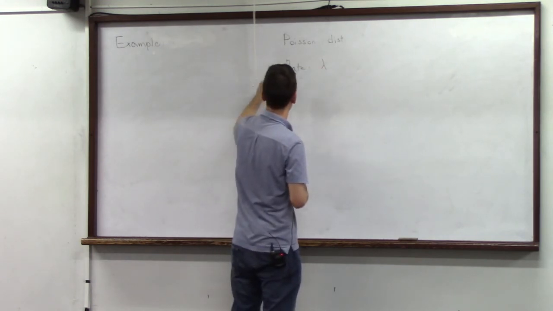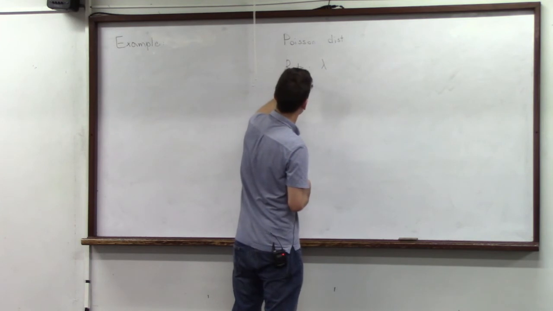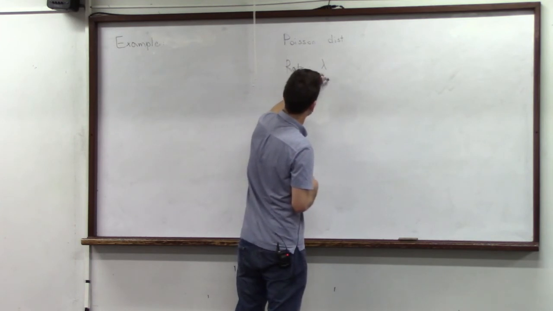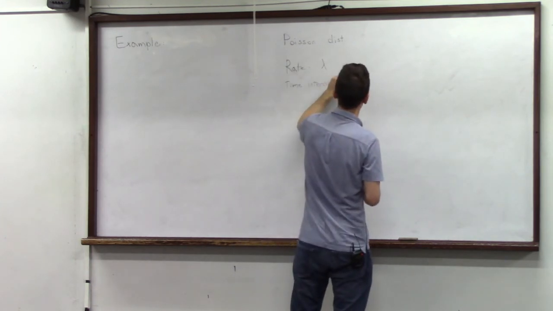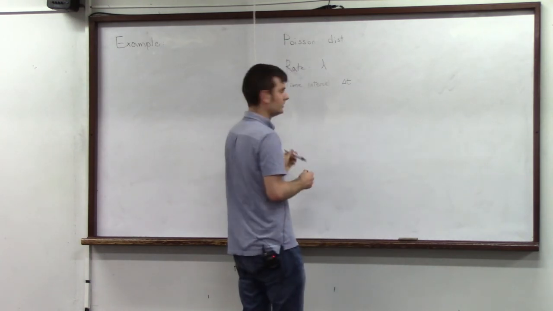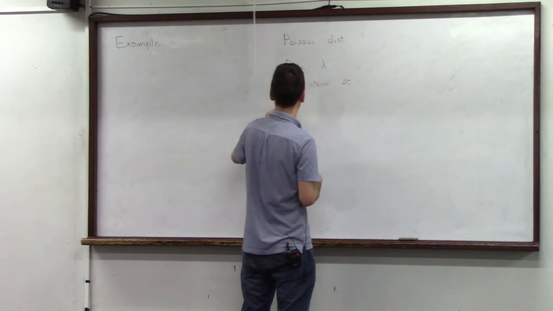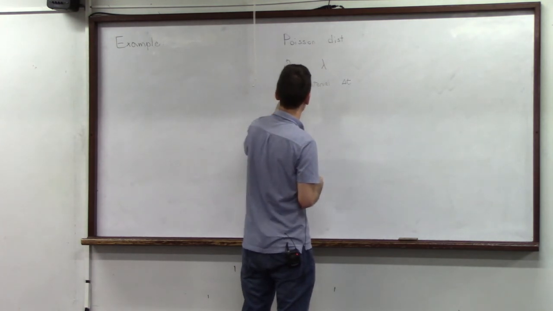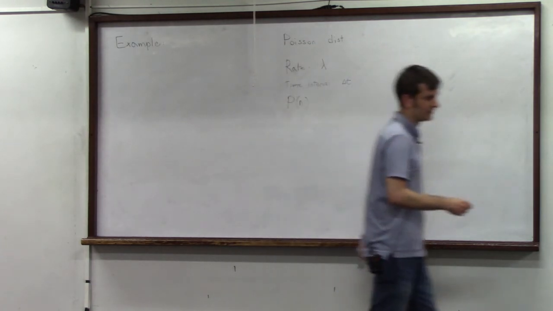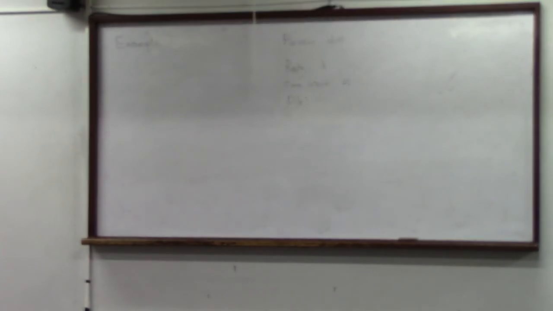And so in a time interval delta t, the probability of observing an event, and I don't want to make stupid mistakes, so I'm going to look at my notes just to be 100% sure.